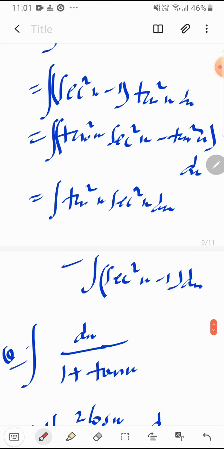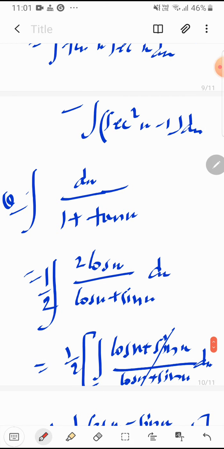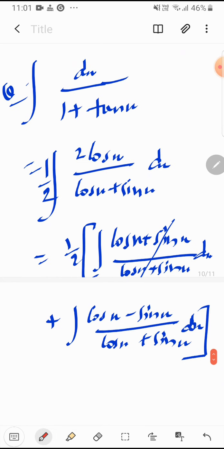Then dx upon 1 plus tan x, we can convert this into sin and cos, and then multiply and divide by 2. Then we can add and subtract sin x, so that the two integrals become (cos x plus sin x) upon (cos x plus sin x) and (cos x minus sin x) upon (cos x plus sin x).